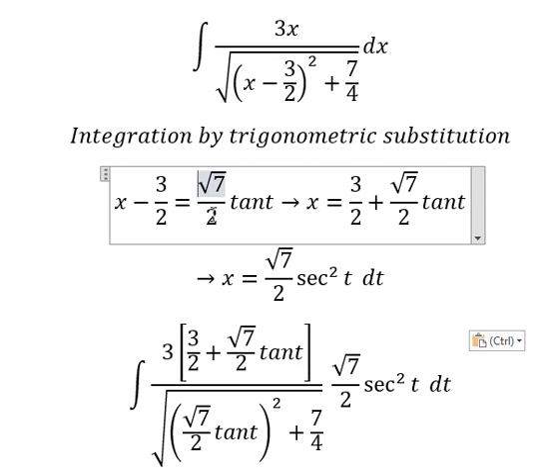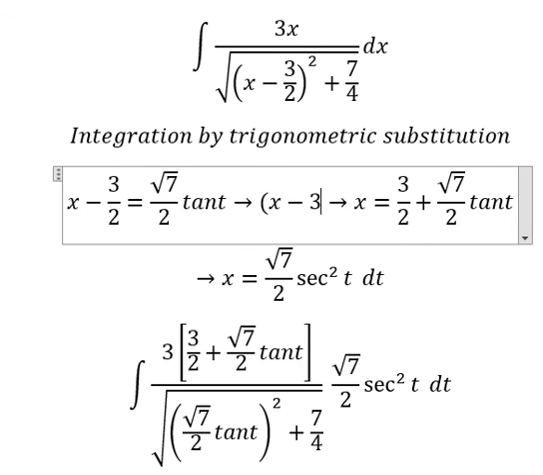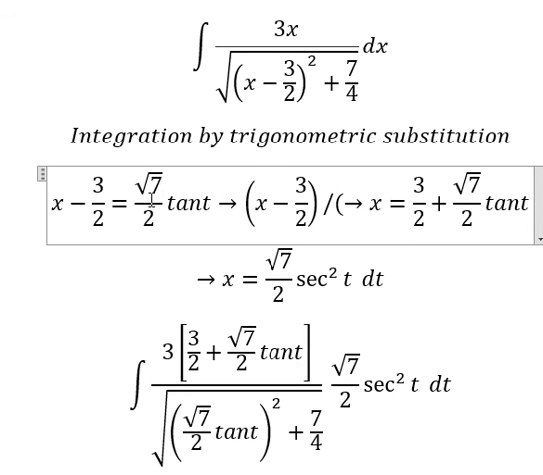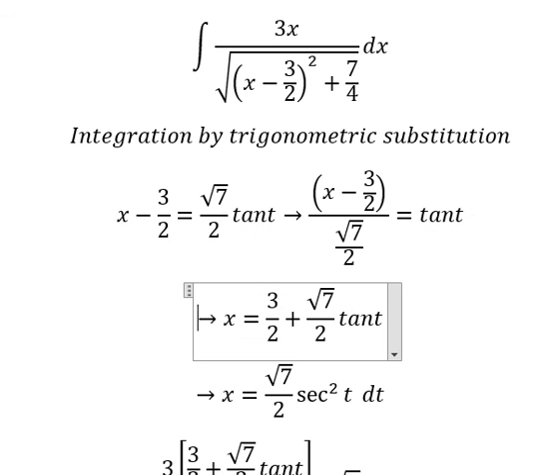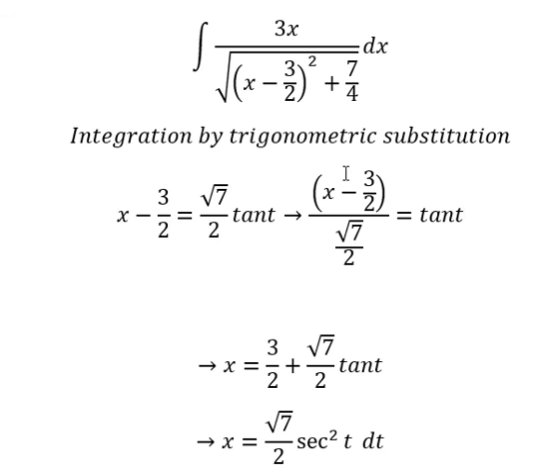So I will divide both sides by the square root of number 7 over number 2. And now we can find the value of t.